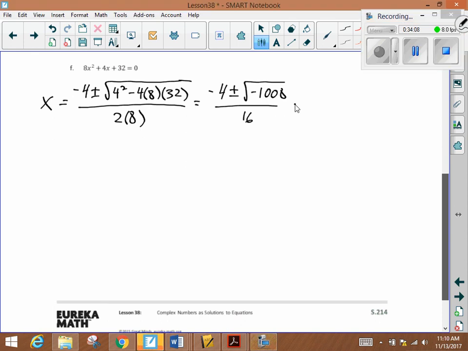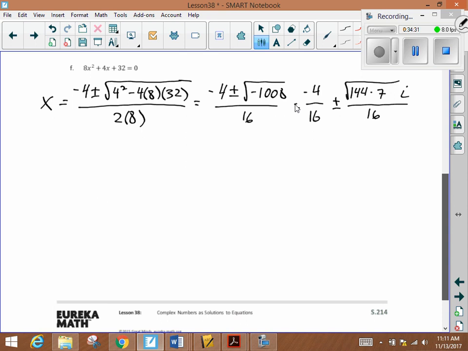Okay, so it turns out that we can write this. 1008 is divisible by 144. So it's 144 times 7. And then because of that negative sign, I'll pull my i out.